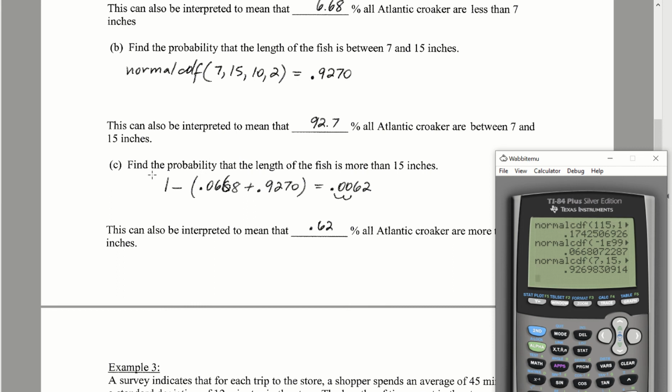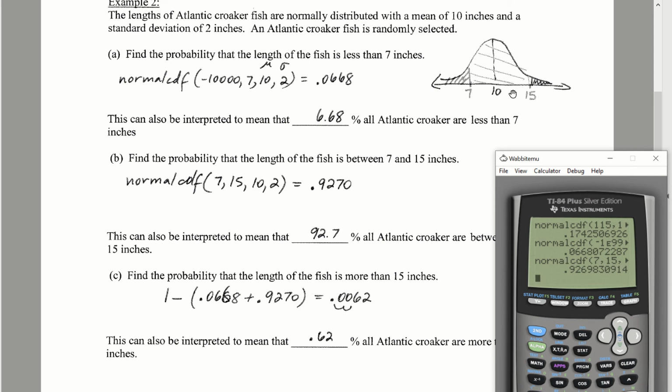For part C, they ask us to find the probability that the length of the fish is more than 15 inches. So we want more than 15. So we'll be looking for the area to the right of 15 if we draw it and sketch it out. You can be a little bit industrious. If you look at the previous work that we did for this problem, we've already found the probability that it was less than 10, the probability that it was between 7 and 15.